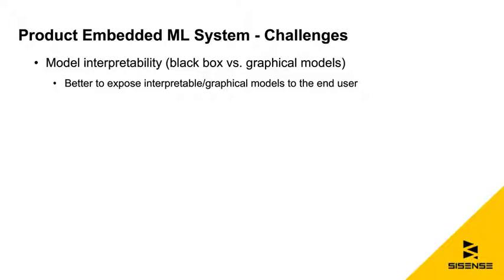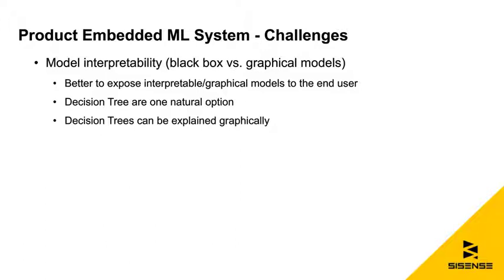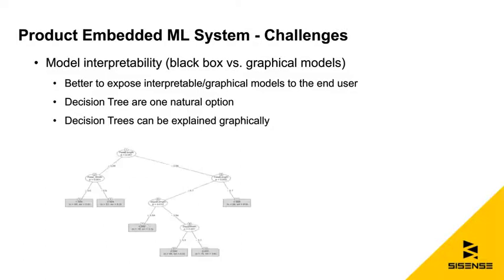So I would pick more open graphical models like decision tree, logistic regression, SVM, and also these kinds of models are usually faster than heavier models like neural networks. So decision tree is one natural option. Decision tree can be explained graphically.